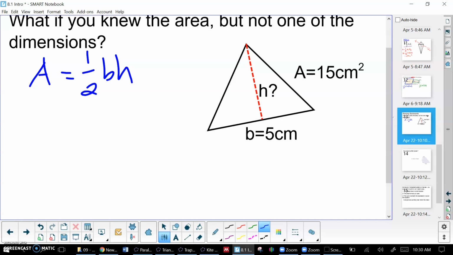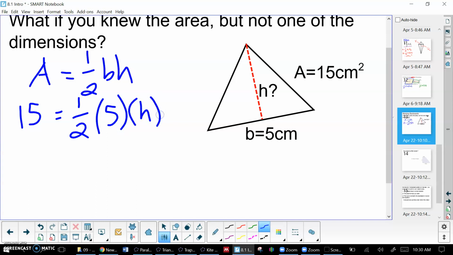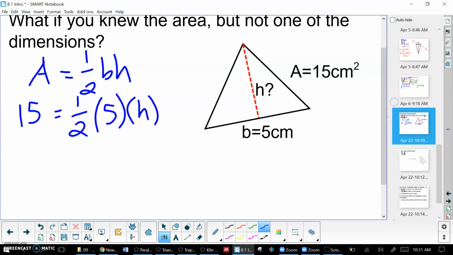So when I go to plug that in, the area is 15, 1/2, the base is 5, and the height we don't know, so we're going to leave it as h. Now what we've got here is an equation that we can solve, and there's a few options on how we actually go about solving that. But what I would probably do is start off by multiplying both sides by 2, because 1/2 times 2 cancels out.